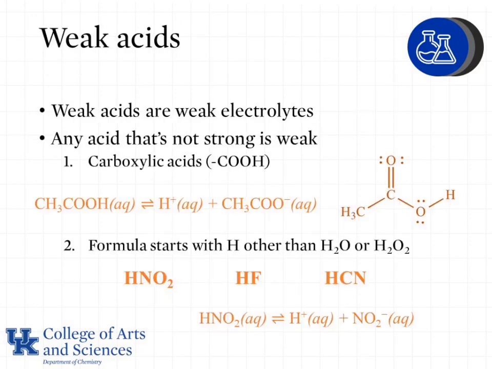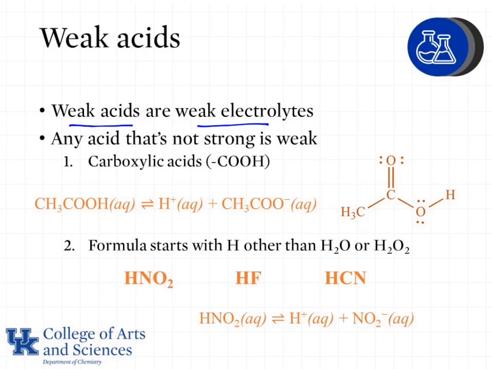Next, we will look at weak acids. Weak acids are weak electrolytes. Any acid that is not strong, so it's not on the list of 6 strong acids, will be considered weak. One type of weak acid is a carboxylic acid, and these are the organic acids that we saw earlier when we explored functional groups.